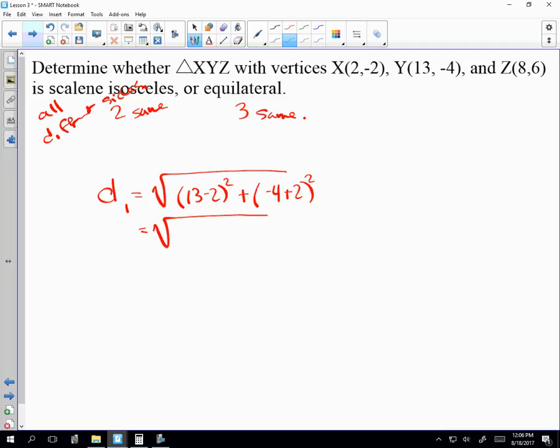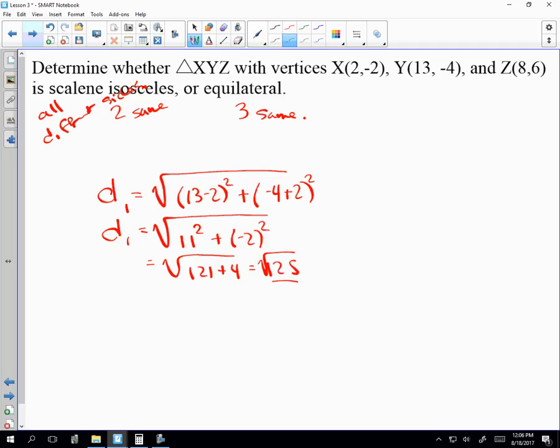And then we're going to go through and finish. So distance 1, 13 minus 2 is 11 squared, plus negative 4 plus 2 is a negative 2 squared. So we've got 121 plus 4 for 125.